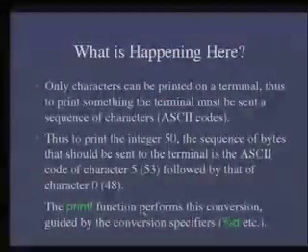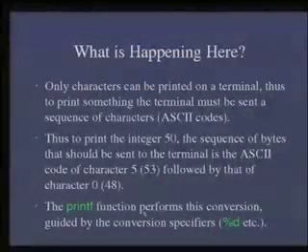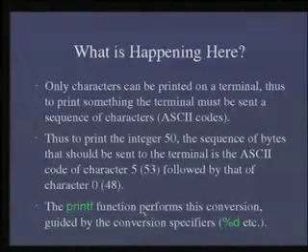So therefore, if you want to print the integer 50, then we have to send 2 bytes to the terminal. The ASCII code for the character 5 followed by the ASCII code of the character 0. The ASCII code of character 5 happens to be 53 and the ASCII code of the character 0 happens to be 48. So therefore, to print the integer 50, actually 2 bytes, which are 53 followed by 48, have to be sent to the terminal.